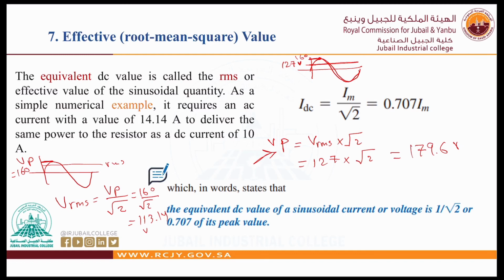So if I have a resistor, and at this moment I have 10 ampere through the resistor, and I need to put the same resistor in an AC wave, I should deliver to the resistor 14.14 ampere to have the same power.